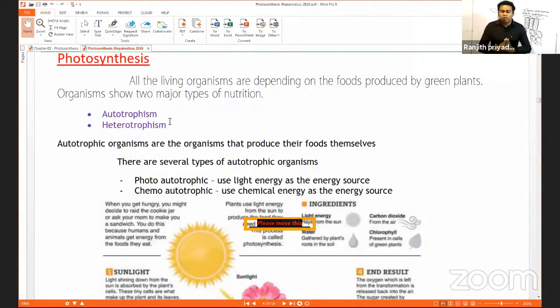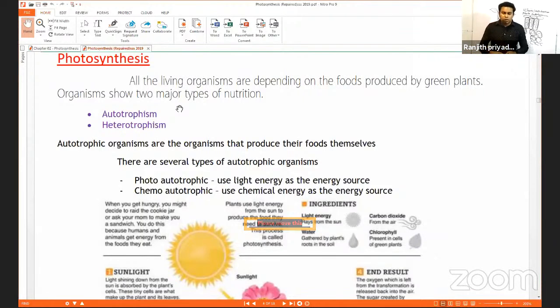Therefore, photosynthesis is the process of producing foods by using the energy of sunlight, and take down, by the photoautotropic organisms. Okay, so this lesson comes under nutrition.